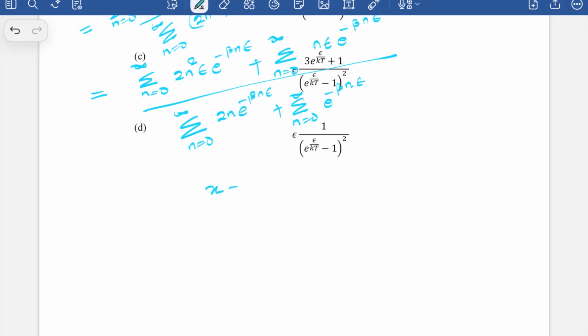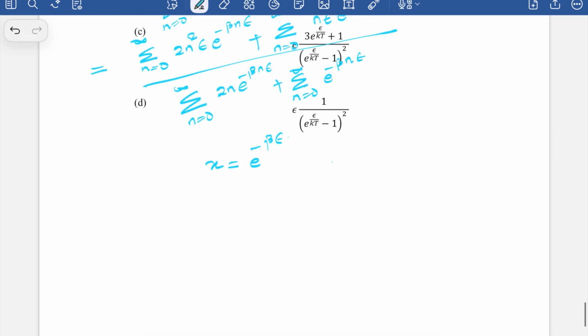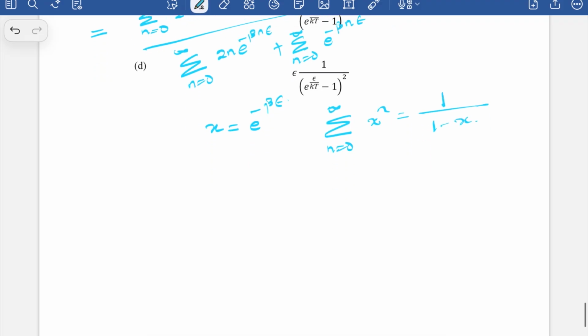Let's say x is equal to e to the power minus beta epsilon. Then summation over n from 0 to infinity of x to the power n, as we know, is equal to 1 over 1 minus x.